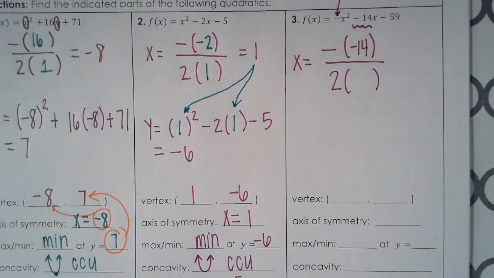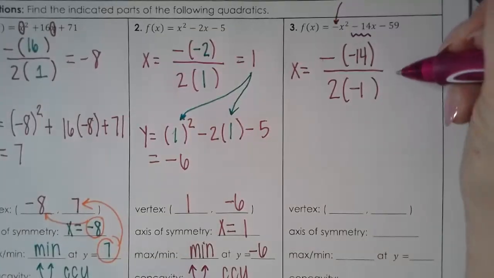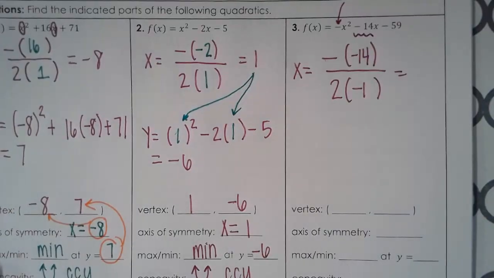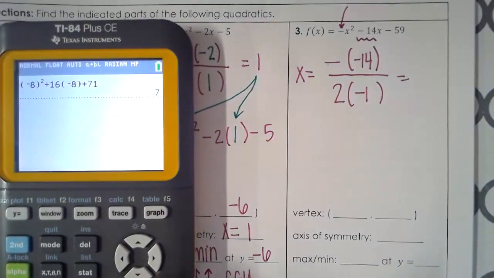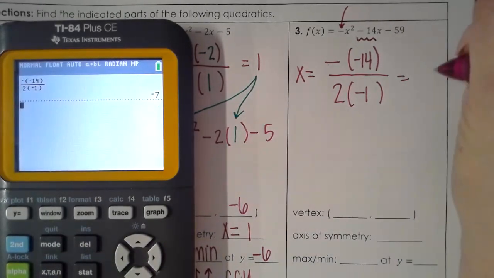Notice how there's a negative in the front, so it's going to be -1. And if we type this in the calculator, we get -7.